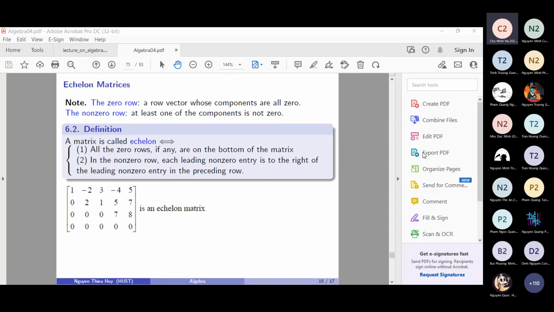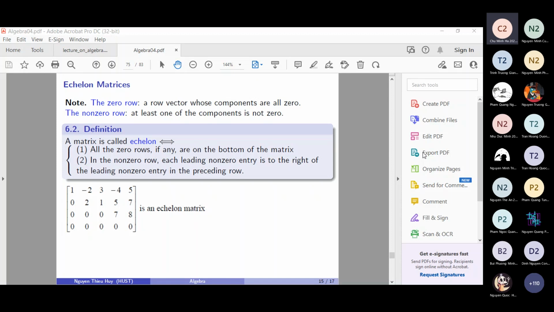So this is upper triangular because the lower part below the main diagonal is 0, but it's not echelon, because here you see the leading non-zero entry on this row is in the same position as the leading non-zero entry here. So this is not an echelon matrix.